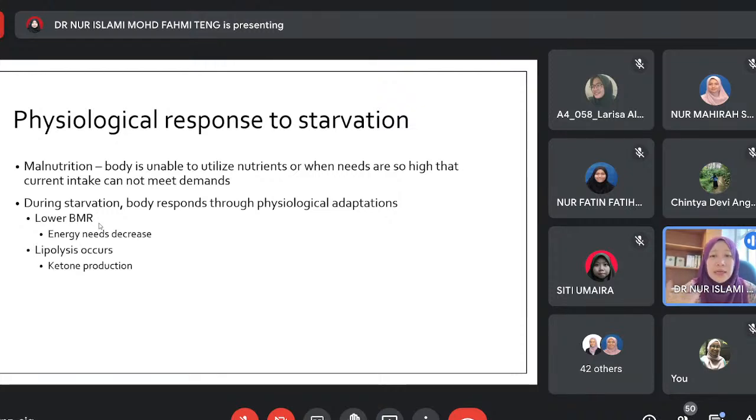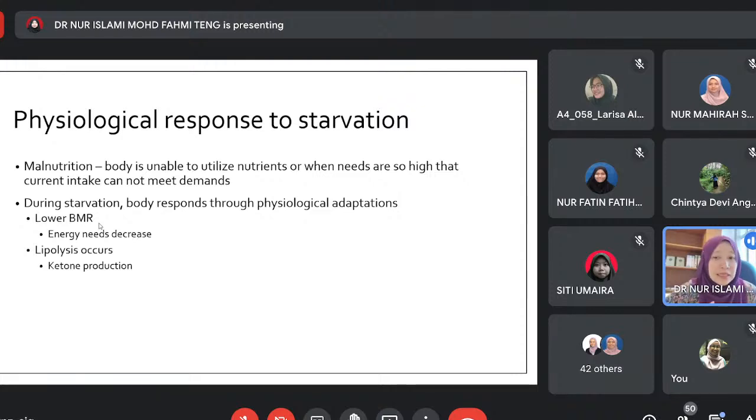But it can also develop when the body is unable to utilize nutrients appropriately, or when its nutritional needs are so high that a typical diet cannot meet those demands. So during starvation, yeah, the body responds through physiological adaptation, such as lowering the BMR, so the energy needs will decrease, and lipolysis will occur, so this will produce ketone.